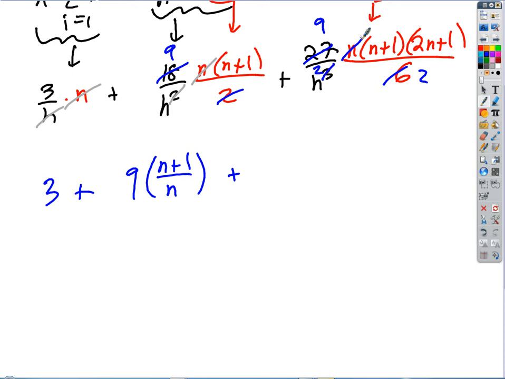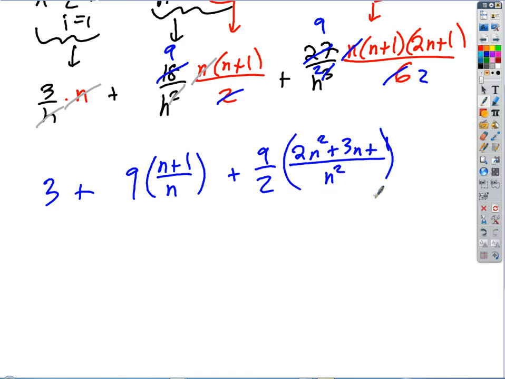Okay, and then if I were to FOIL that out, I'm going to get 9 halves times, if I FOIL that out, 2n squared plus 3n plus 1, over n squared. See where I get that? If we're just taking this stuff right here divided by the n squared. Okay? So now let's maybe add up some like terms.